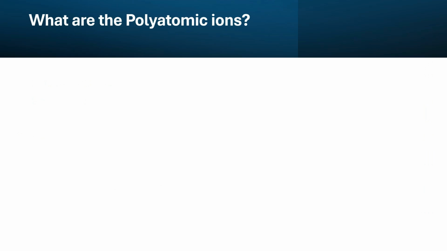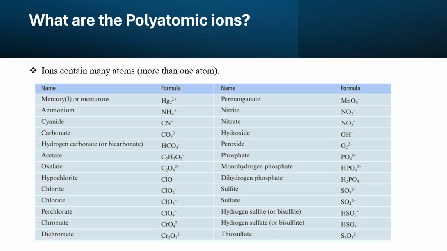What are the polyatomic ions? Poly means many atoms containing ions. This table summarizes most of the polyatomic ions you need in 10th grade Chem classes. You can see poly means many atoms in these ions.